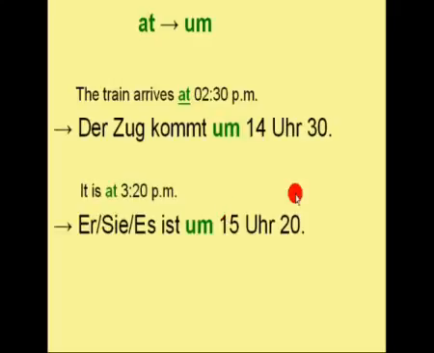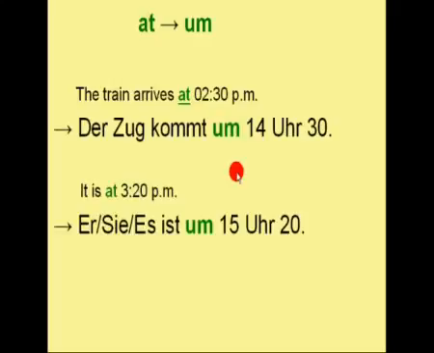If I'm asking you, when is the party? Then you would also say in English, it is at 3:20. But in German, you would have to say, sie ist um 15:20 Uhr. Because the party is female in German, it is die Party, so you would have to say, sie ist um 15:20 Uhr. And the same goes with the beginning of the movie.